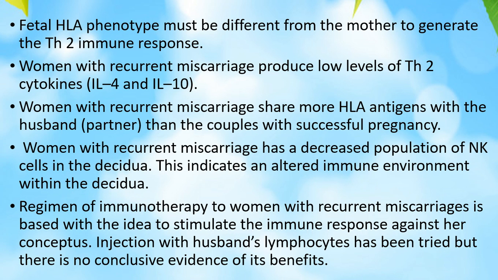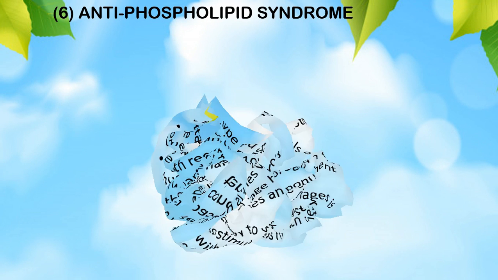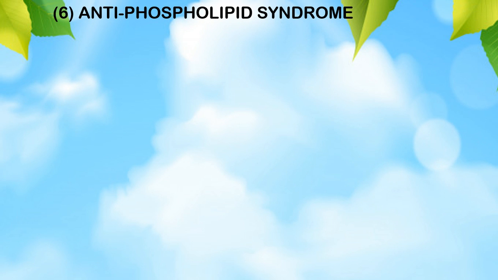So, because the husband's antigen is not reacted to properly by the decidua, these miscarriages occur. The studies show that injection of the husband's lymphocytes to prevent miscarriage is not very effective with this method. Then antiphospholipid syndrome.